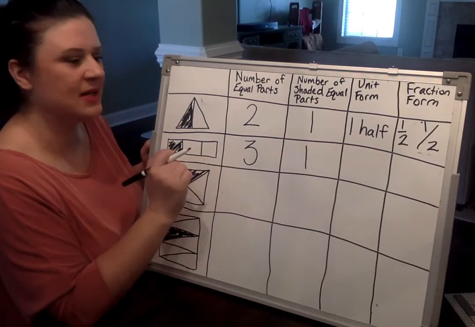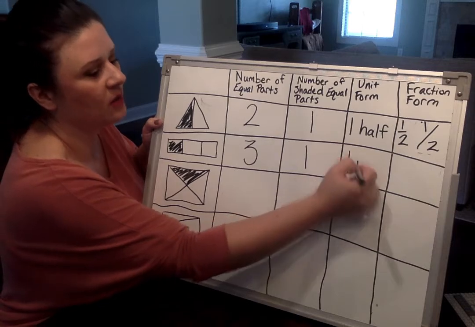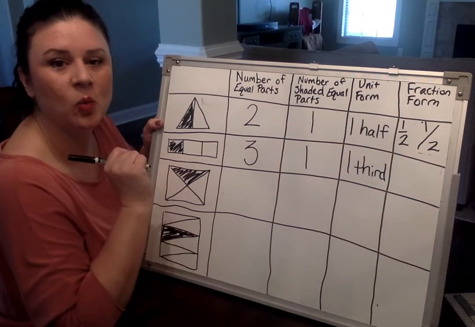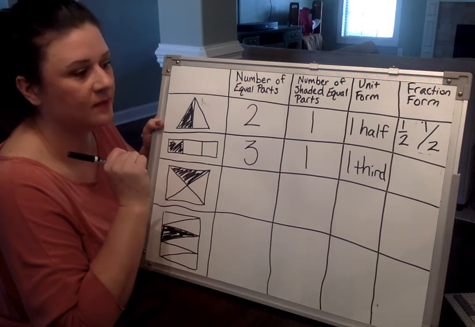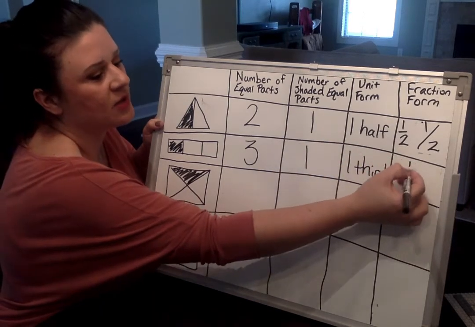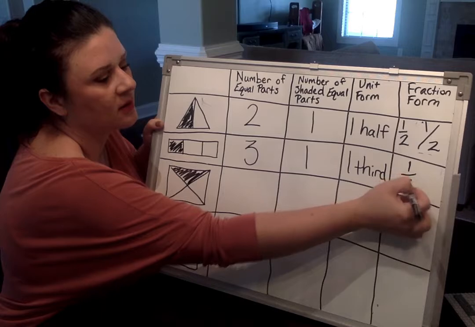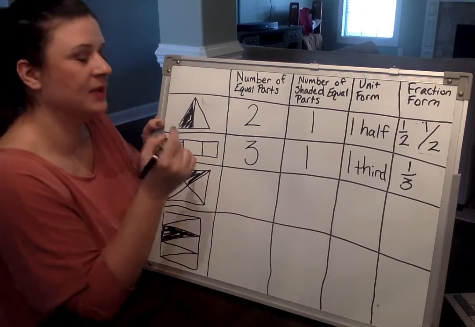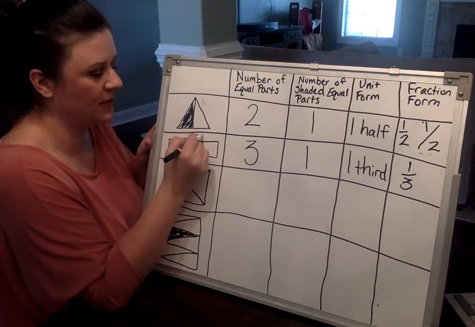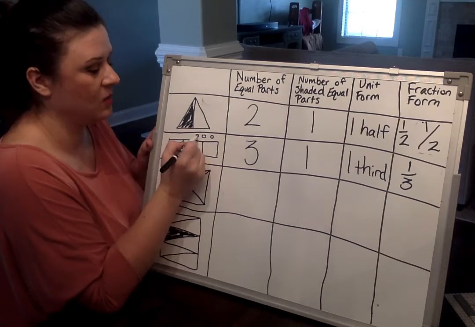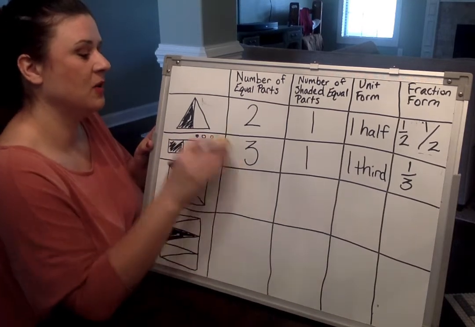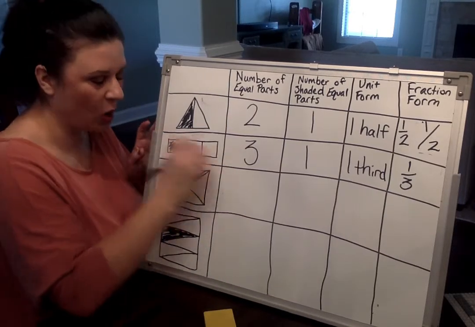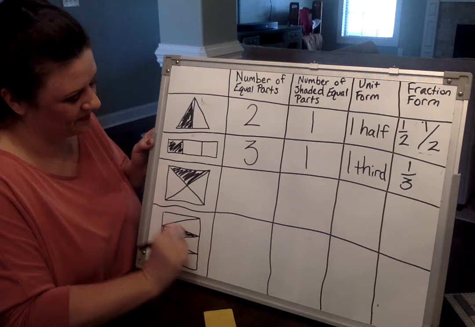Because there's 3 pieces, we would call it 1/3. We would write that fraction like that, 1/3. Not 1 of 3, because that would mean you had 3 individual pieces and one of them was shaded in. Here we have one whole with one piece shaded in.